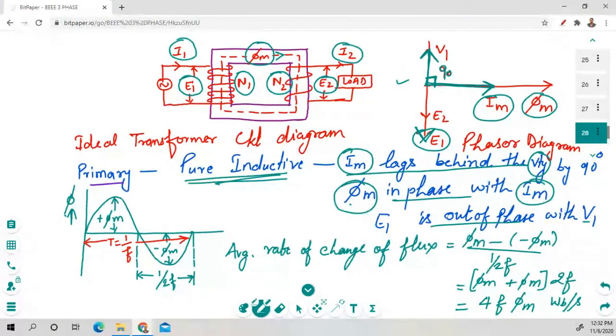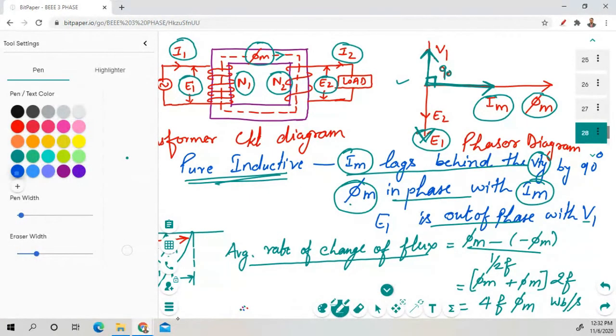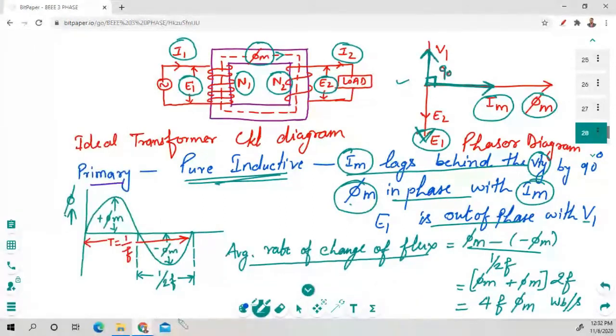Okay, so now come to the next point, how to calculate this EMF equation. For calculation of the EMF equation, we have to take the sinusoidal waveform and calculate the average rate of change of flux. To calculate this average rate of change of flux, you have to consider the first half cycle. Why not the complete cycle?